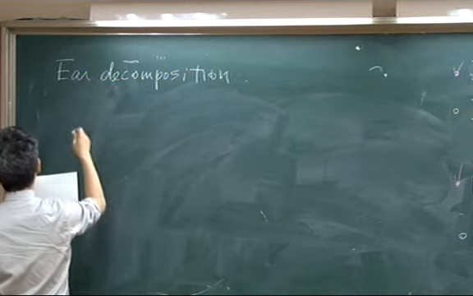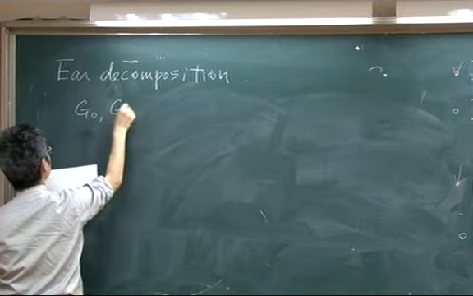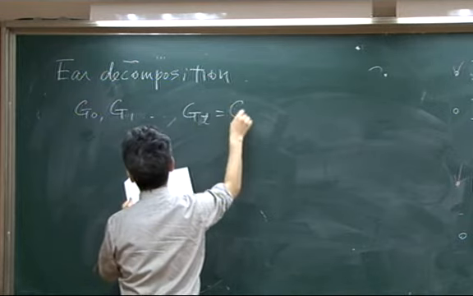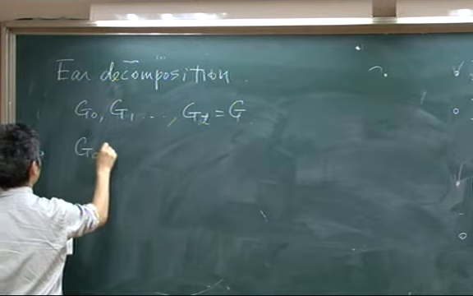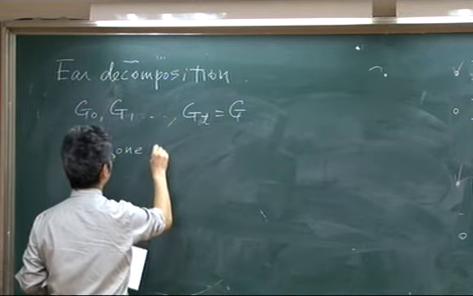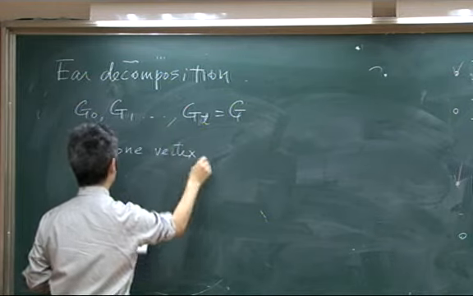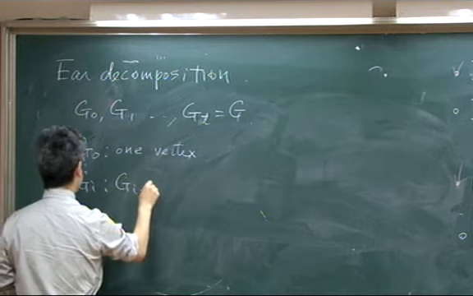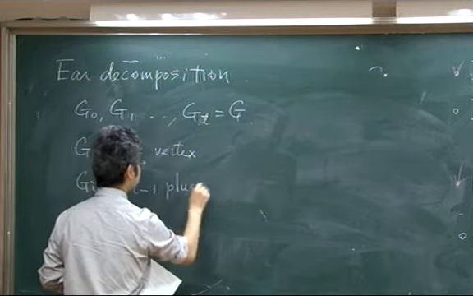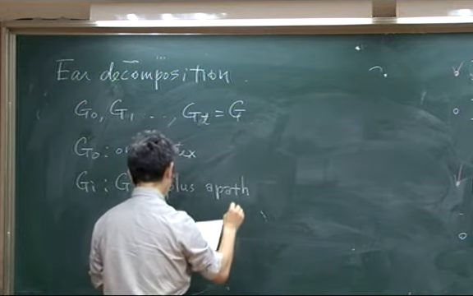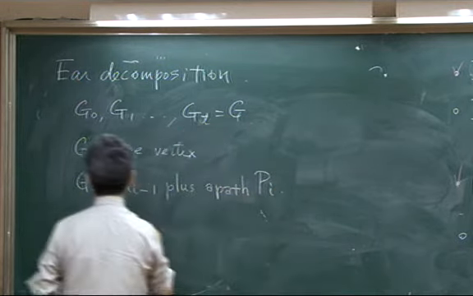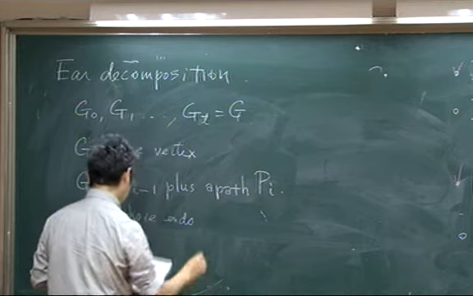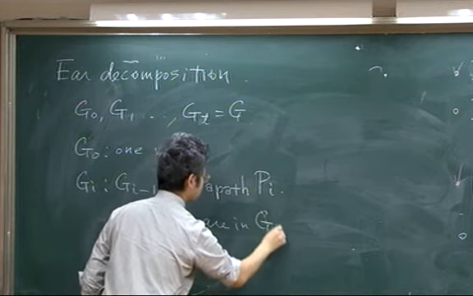It has a sequence G0, G1, G2, up to Gt, which is equal to G, where G0 is just one vertex and no edges, and Gi is G(i-1) plus a path Pi whose ends are in G(i-1).